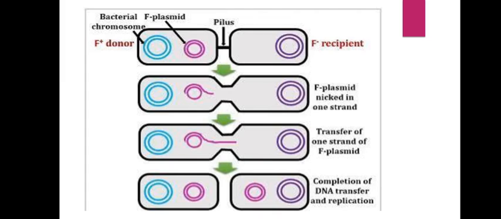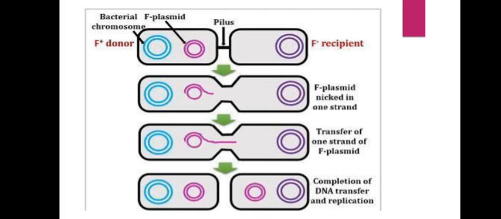So it gets transferred through the secretion system or conjugation tube that is formed between the two cells, from the F positive cell to the F negative cell, and after getting into the F negative cell, it replicates itself and forms a double strand.